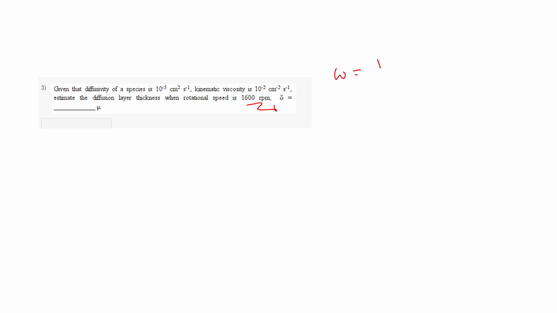Here there's no change. Diffusivity is 10 to the power minus 5 centimeters square per second. Kinematic viscosity is 10 to the power minus 2 centimeters square per second. The rotational speed is 1600 rpm, so you'll get 1600 into 2 pi by 60.